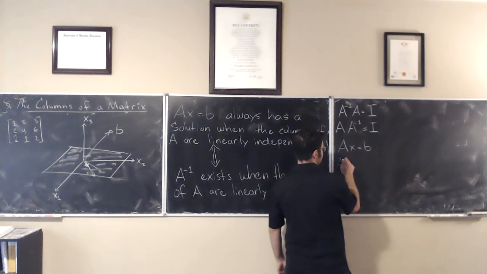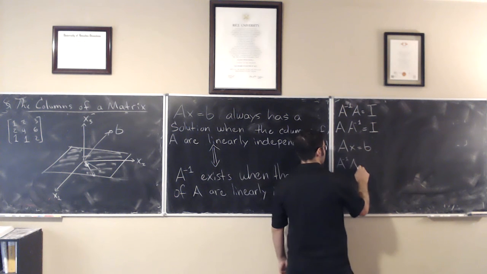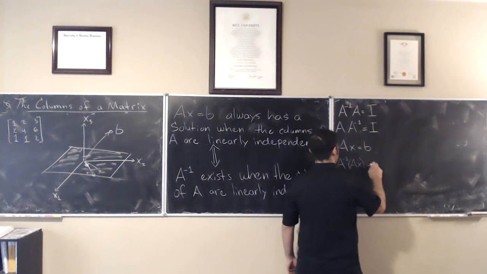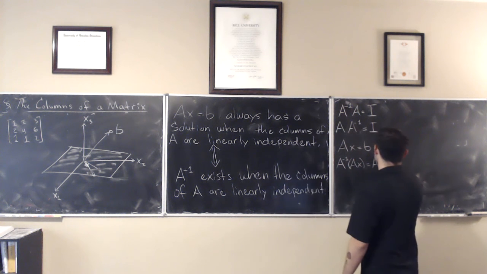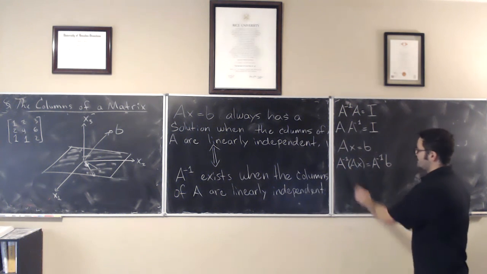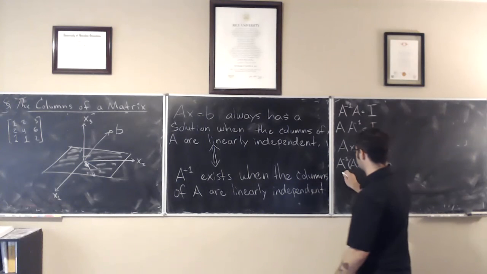And once we do, we just multiply both sides of this equation by the inverse. A times A inverse is just the identity.